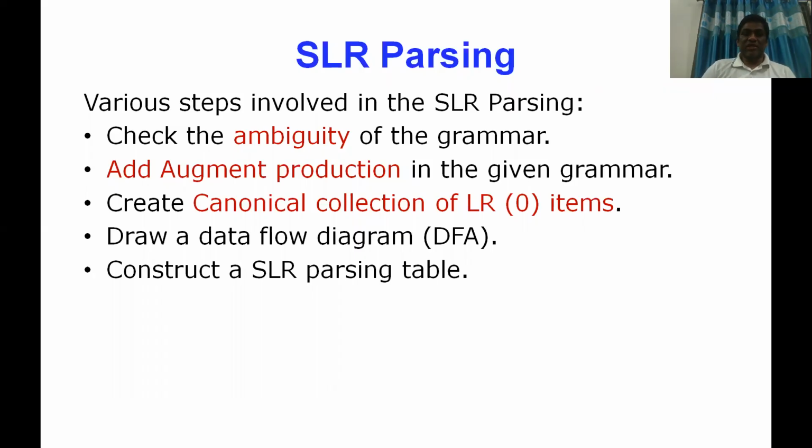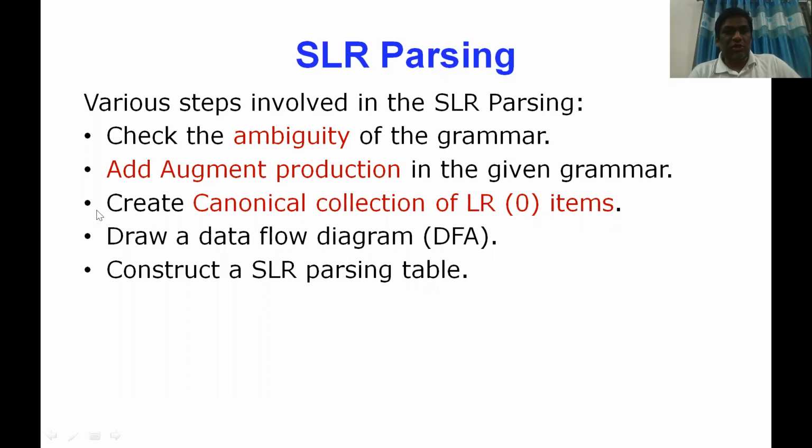Once the ambiguity is removed from the grammar, the second step is you need to add a new production, which is called the augmented production, for the given grammar. This is not a big step. It is simply adding another production. I'll show you later how this augmented production will be added.